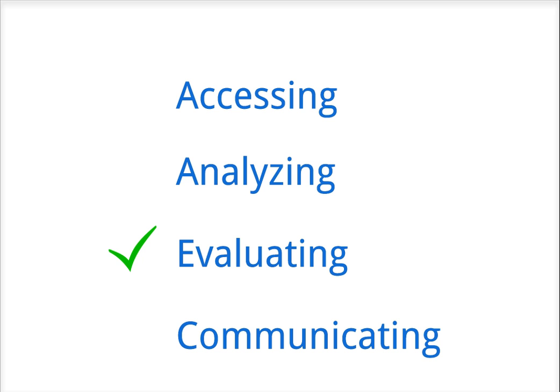Okay, so the next step is students must analyze that information and think critically about it. So they're evaluating it. Who made the message or the information? What's the purpose? How might others view the message? Is it biased or is it balanced?